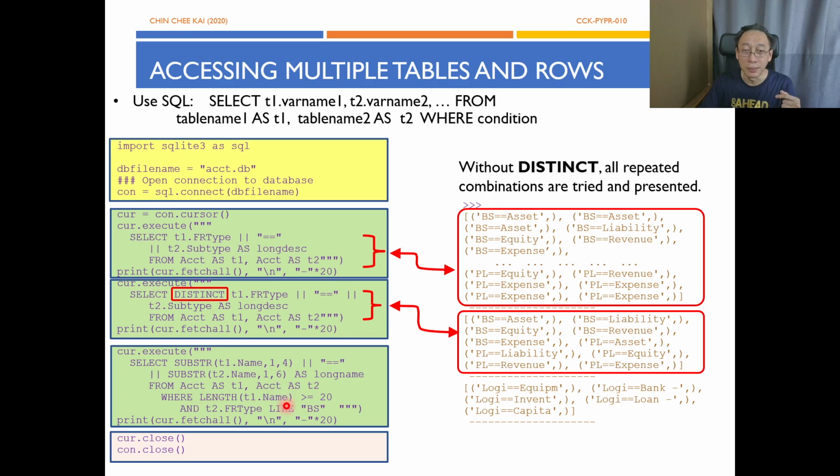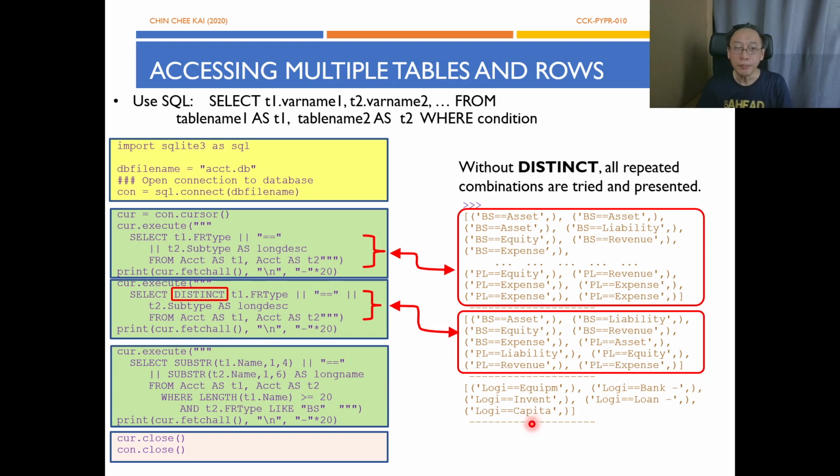These two requirements must be fulfilled before we perform this extraction. So virtually we have all permutations, but then we filter off where only T1 name is longer than 20, then from the remaining results, we further say T2 FR type must be BS. Then we combine them, linking with an equal equal and so on. So end result is we only get 5 rows.